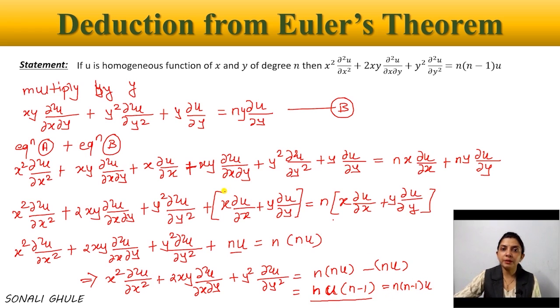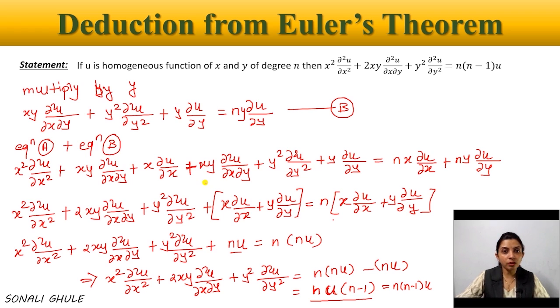So you have to remember, when your function is homogeneous of degree n, then by Euler's theorem, for the first order I can write x ∂u/∂x plus y ∂u/∂y is equal to n into u.